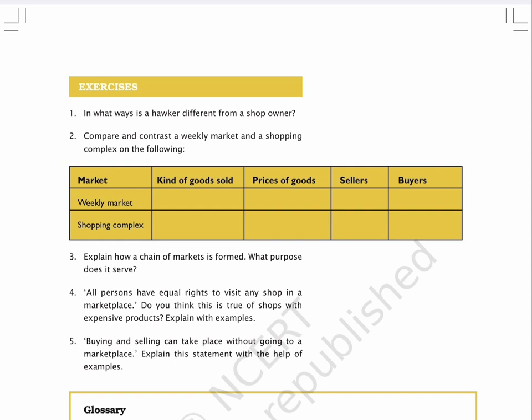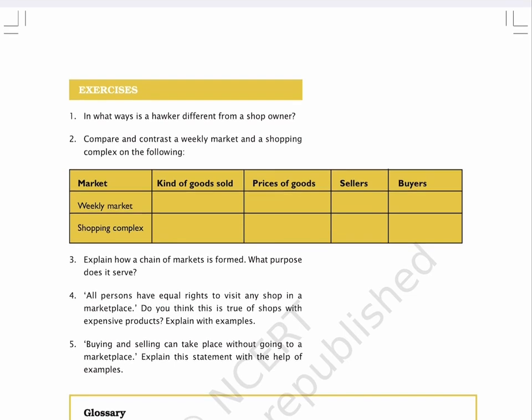The titles of the columns are Market, Weekly Market and Shopping Complex. The other columns read Kind of goods sold, Prices of goods, Sellers and Buyers. You have to fill these blank spaces to compare and contrast between a weekly market and a shopping complex.